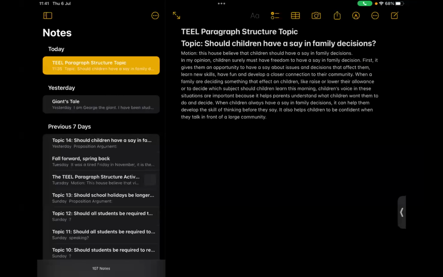Are you having a problem with your screen sharing, Andrew? It keeps popping up for a moment and then it just disappears. Wait a minute. Maybe I need to share my picture. Anyway, we'll come back to this at the end of the lesson and I'll give you all feedback on what you've written. So the next part of the paragraph, we are going to be writing our evidence.